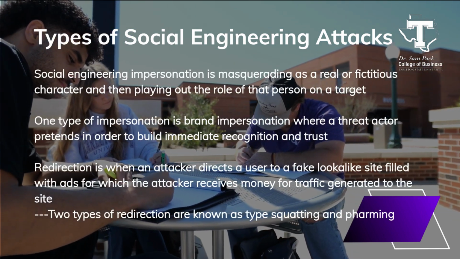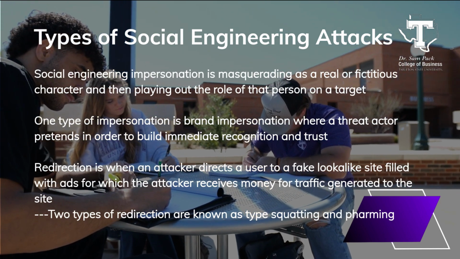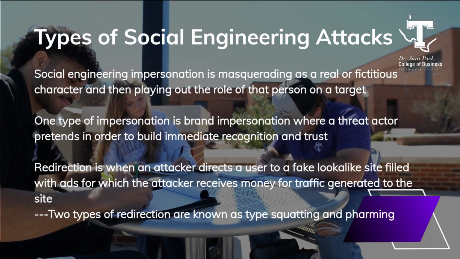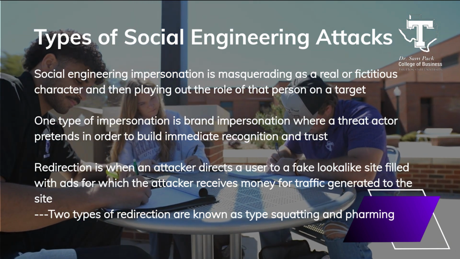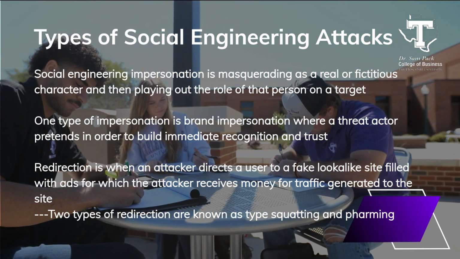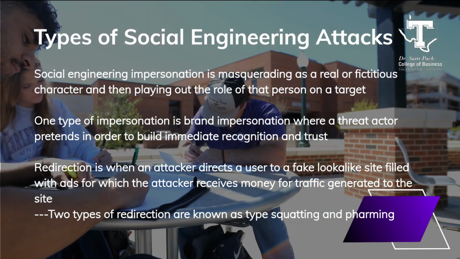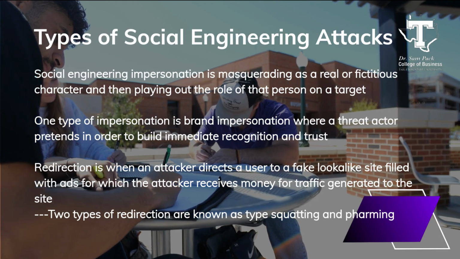Social engineering impersonation involves masquerading as a real or fictitious character and then playing out the role of that person to manipulate a target. One type of impersonation is brand impersonation, where a threat actor pretends to represent a well-known brand to build immediate recognition and trust.